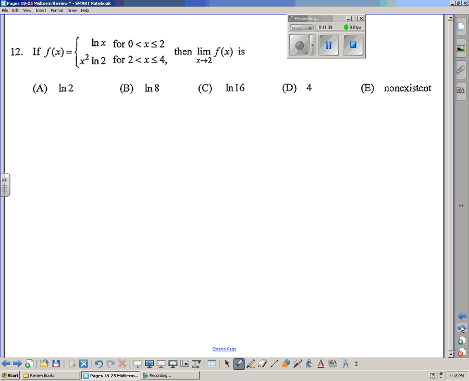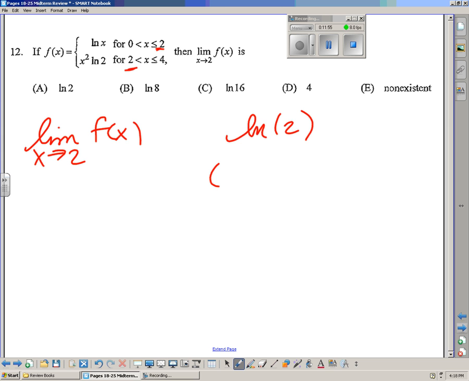All right, number 12, we have a limit problem as x approaches 2. And notice it's a piecewise function that breaks up at 2. So what we want to do is ask ourselves, well, what is the natural log of 2? And does it match up with 2 squared natural log of 2? Well, this is 4 natural log of 2.